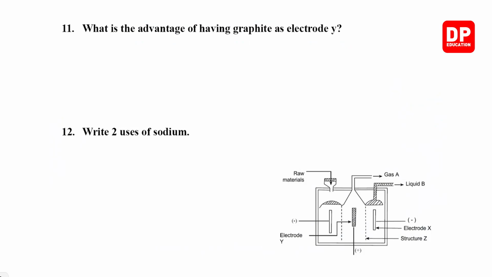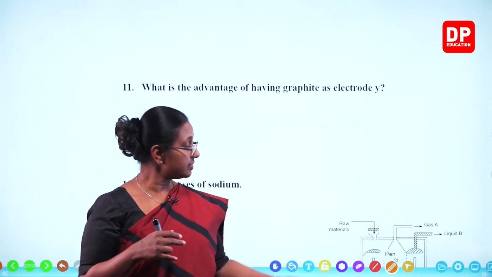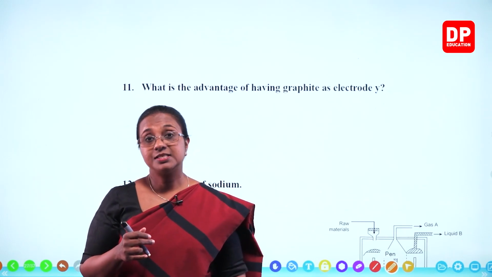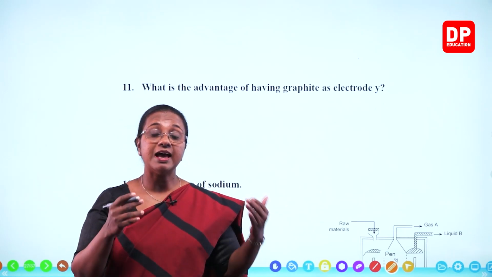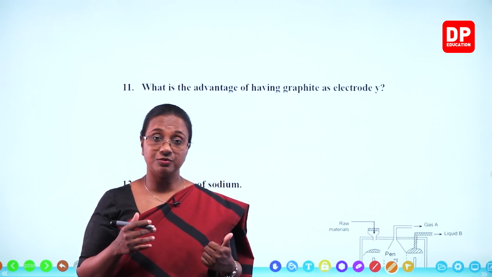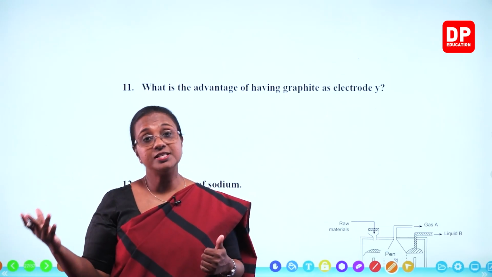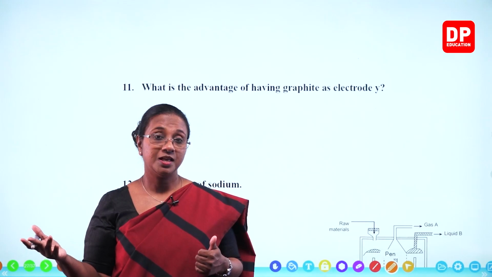So here also we have another question. Now this is the Downs cell, you can remember that. If we look at the question here, what is the advantage of having graphite as electrode Y? Now you all can remember, students, in this particular cell, that is the Downs cell, we have the anode as graphite anode, but the cathode is steel cathode.